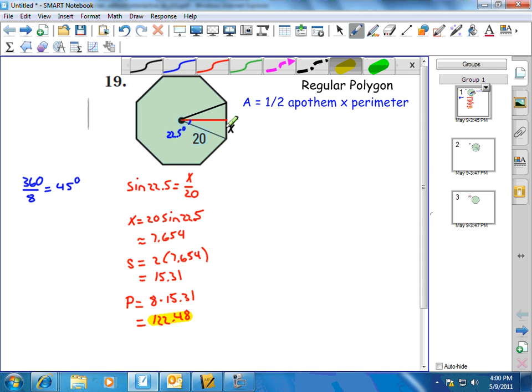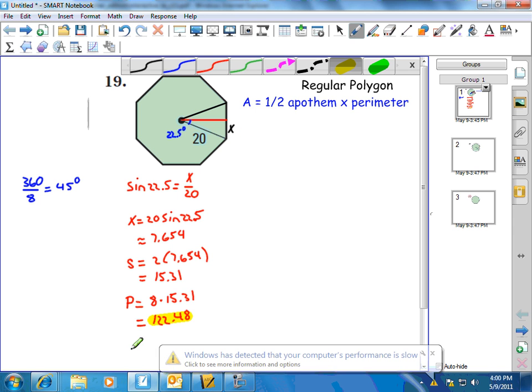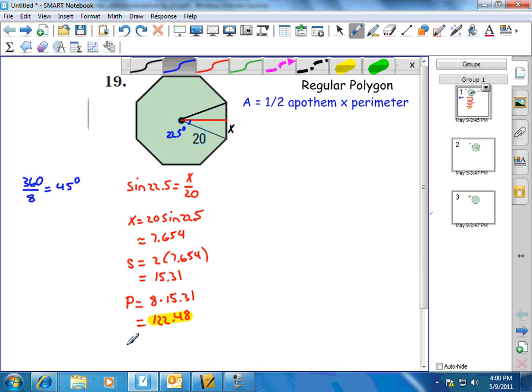So a side length is 40 sine 22.5, and I have 8 of them. 8 times 40 is 320. So I got 320 sine 22.5. This is what I'm going to use when I calculate the area.